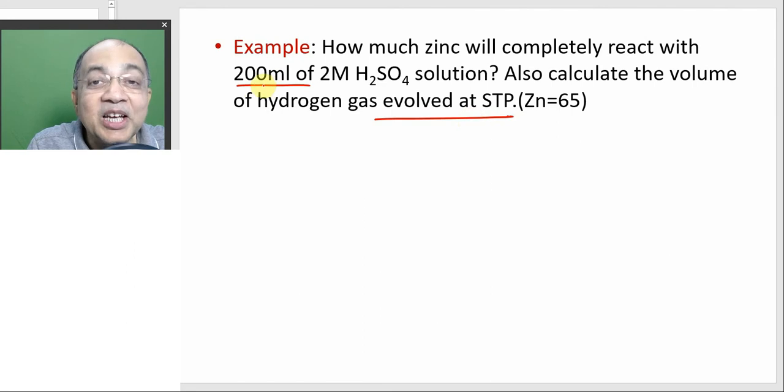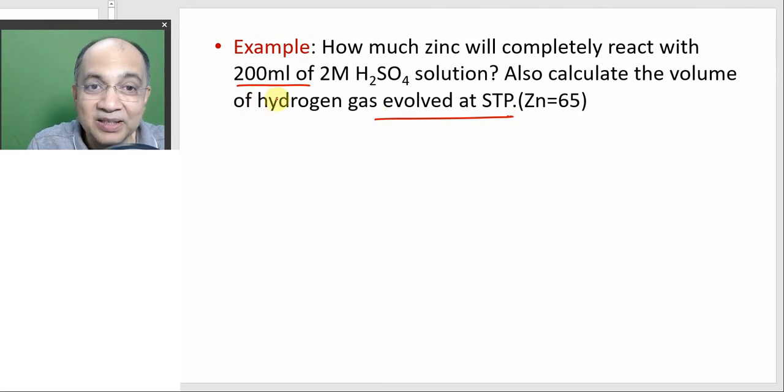This is the liquid volume, the aqueous solution volume, and this is gaseous volume, to which Avogadro's law, the 22.4 liter concept, the gram molar volume concept, is applicable. But for this volume, Avogadro's law is not applicable. So students get confused when they find the volume unit in a stoichiometric problem.